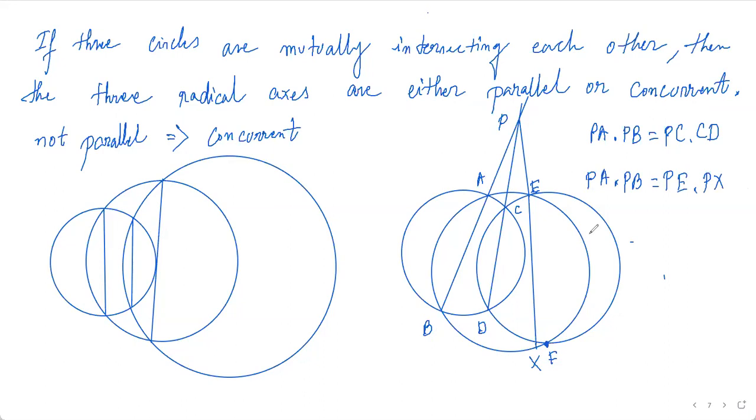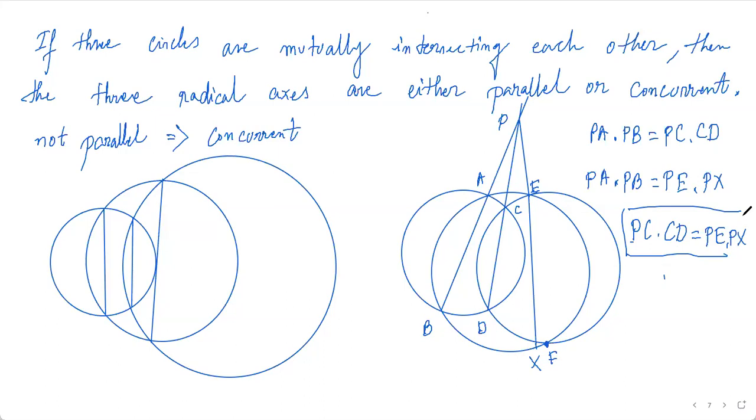Okay, now can you show that this X and F are the same? So PC times PD is equal to PE times PX, right? And what does this tell you? This tells you that C, D, X, E are concyclic, and X must lie on the circumcircle of triangle CDE.